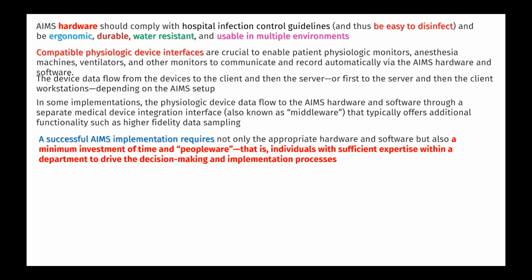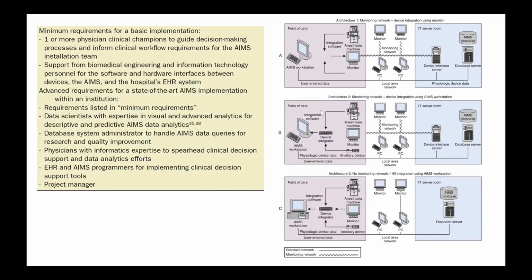A successful AIMS implementation requires minimum investment of time and people awareness. That is, individuals with sufficient expertise should be available. Of course, once it becomes routine, just like the transition from the old anesthesia machine to the workstation is happening, it will easily take place.